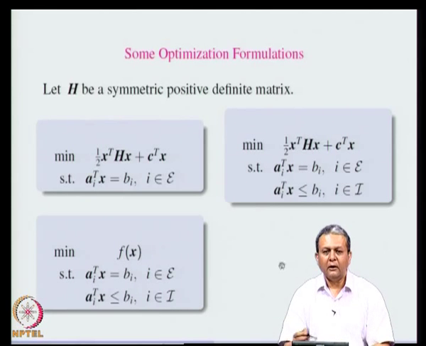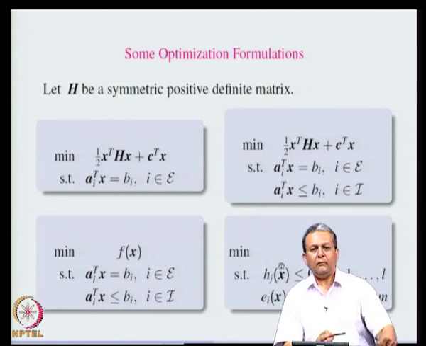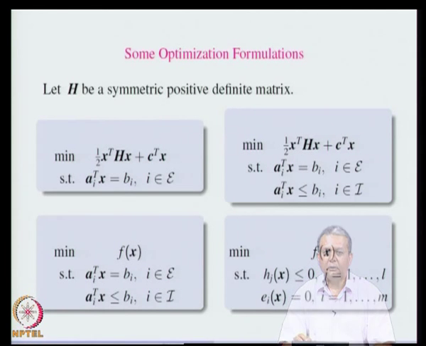And finally, we will look at some of the algorithms for solving a general constraint optimization problem, where the objective is to minimize f(x) subject to some inequality constraints and some equality constraints, and note that these constraints need not be linear as was the case in the earlier formulation.